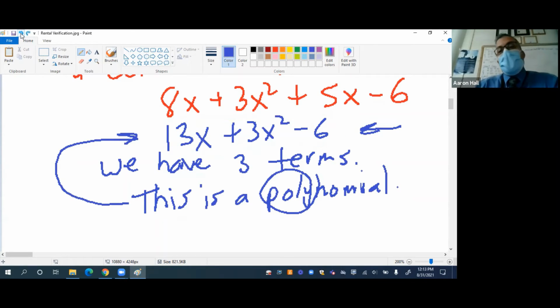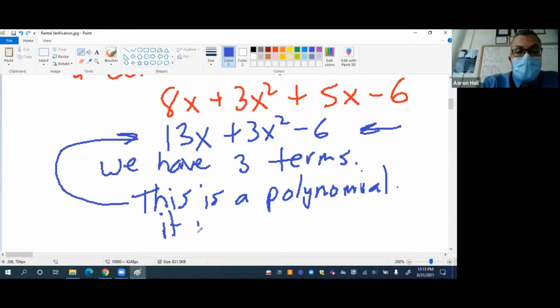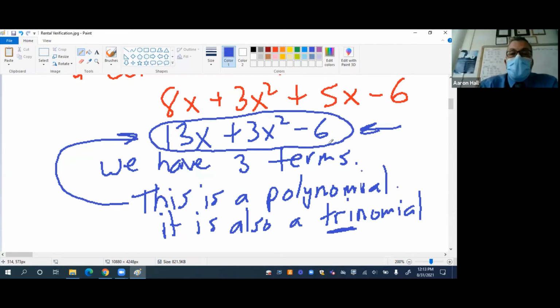Polynomial is completely accurate, but there's something more specific that I can use for this polynomial. It's a trinomial. What does tri mean? 3. There are 3 terms, so it is a trinomial.